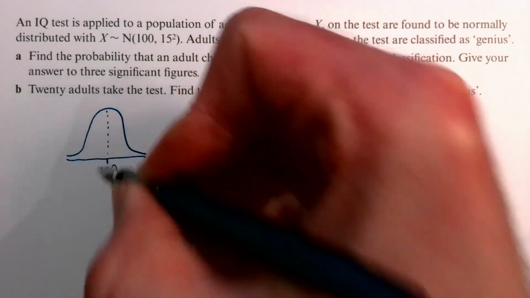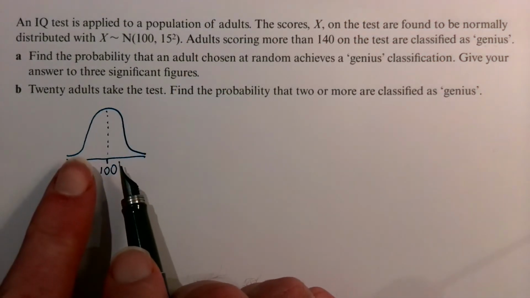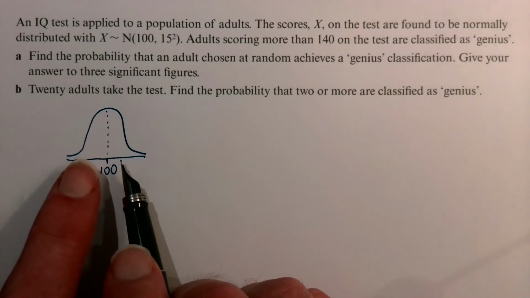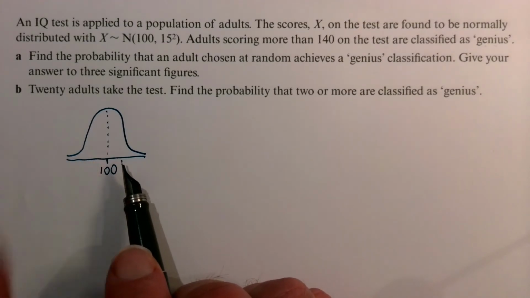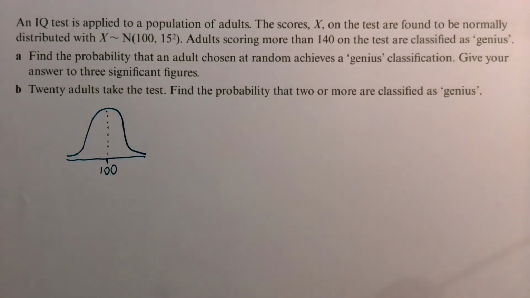The standard deviation from the mean is 15. So either side of that, between 115 and 85, that should be 68% of the population. And then if you go 2 standard deviations, you get 95%, don't you? That's up to 130. The genius needs to be 140. So what is the probability of that?